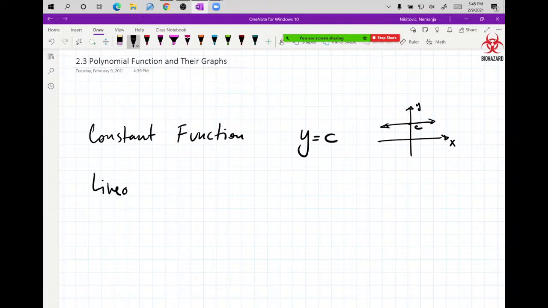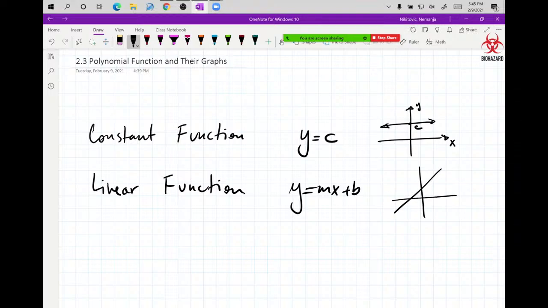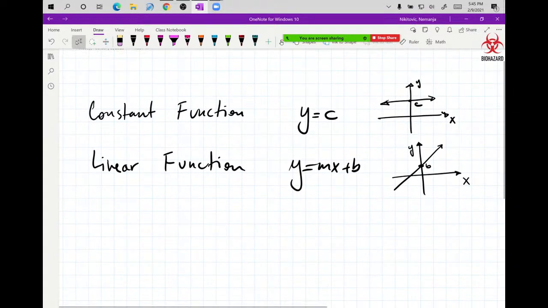Linear function, which you guys know as y equals mx plus b, is the next one in line. And you know that that's the straight line that has the b-intercept, which is a y-intercept. It goes through b, and it has a positive slope or negative slope. To find the slope, we reviewed that last chapter.